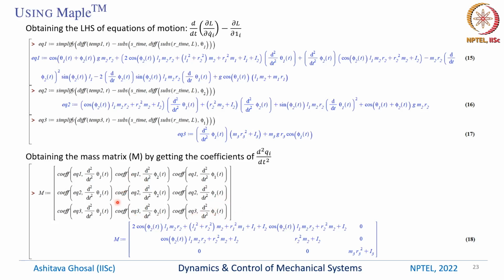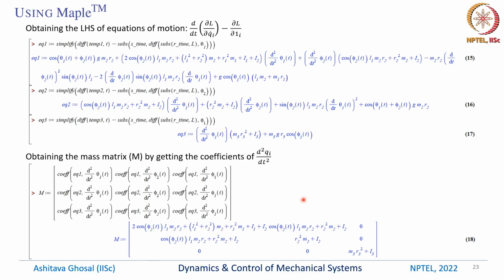Once we do these steps, we can see what the mass matrix looks like. It is very similar to the planar 2R. The top 2 by 2, M11, M12, M21, M22, are exactly the same as the terms in the mass matrix of the planar 2R, because we have broken the 4-bar mechanism into a planar 2R chain and a single 1R chain.